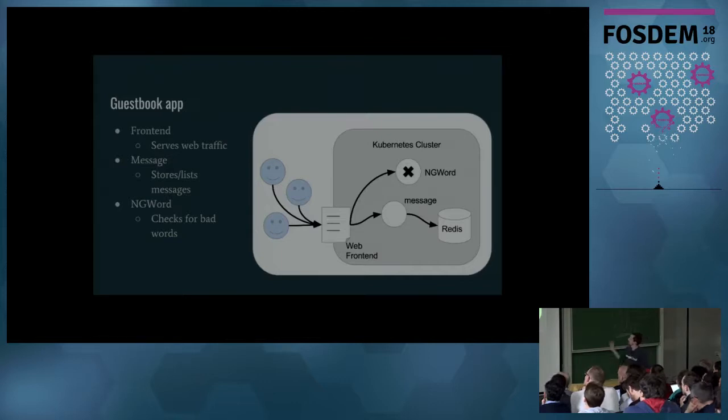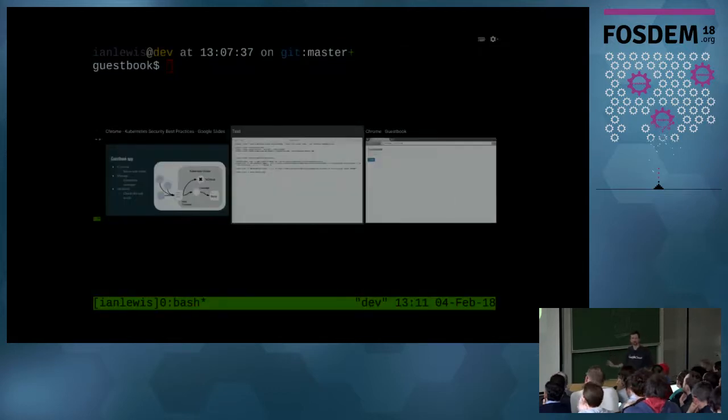Then we've got an ng-word service, and that's basically just to check if you're saying bad words in your messages. We want to keep things G-rated. So there's that service, and then we have a little web front-end application.